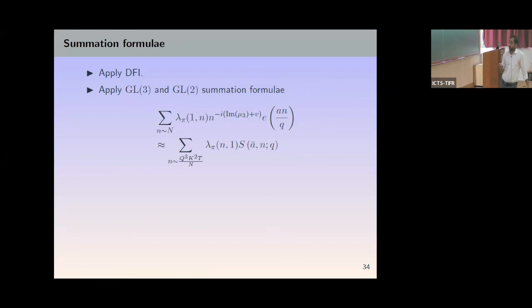Note the importance of this Q. Q is coming in the denominator. If we don't apply conductor lowering, the size will be bigger, and you eventually save less in this situation.